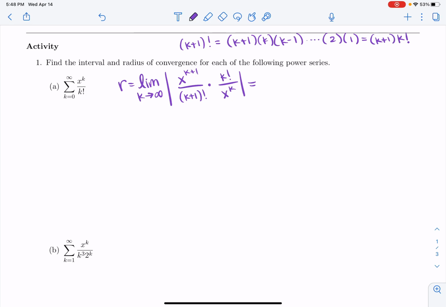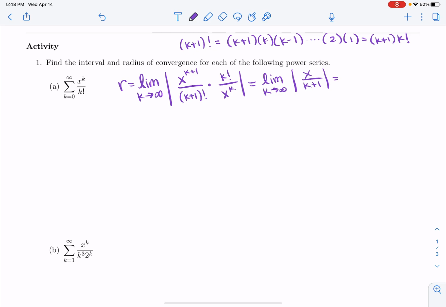I'm going to cancel most of those terms with the k factorial in the numerator. And then also the x to the k plus 1 divided by x to the k is only going to leave one value of x there. So this R is equal to the limit as k approaches infinity of x divided by k plus 1.